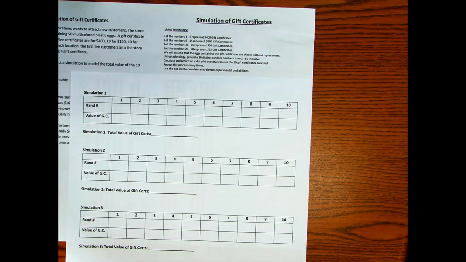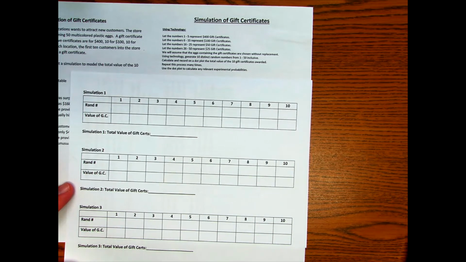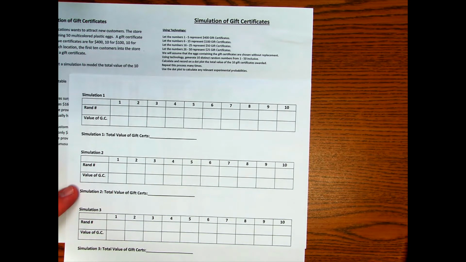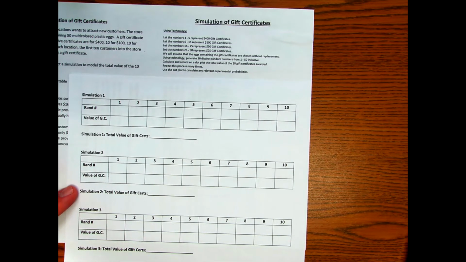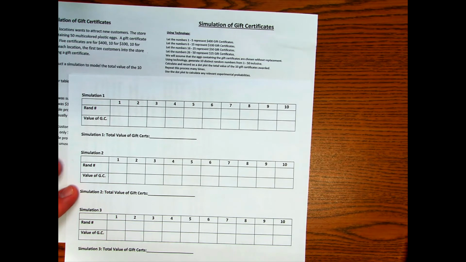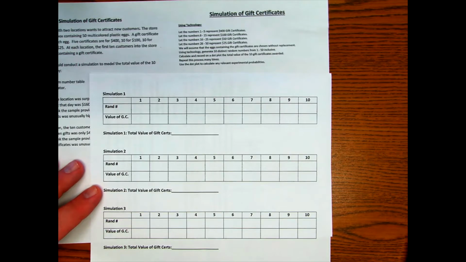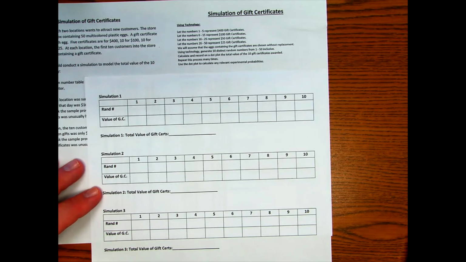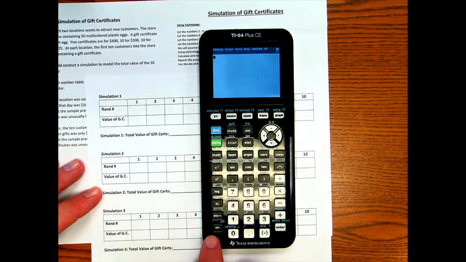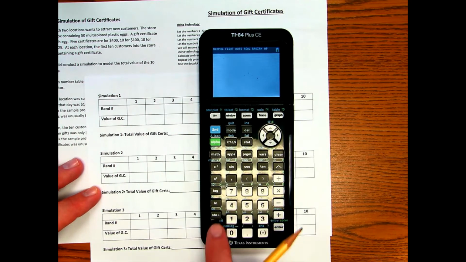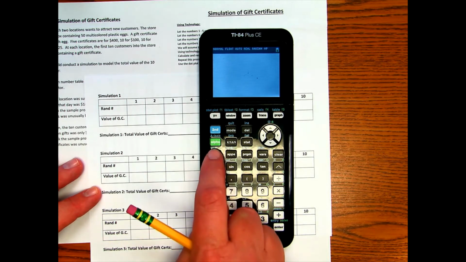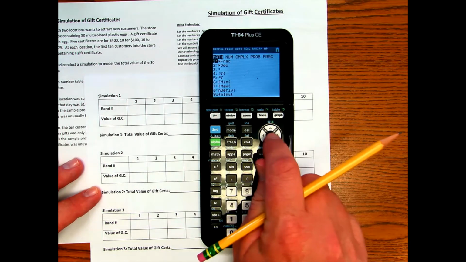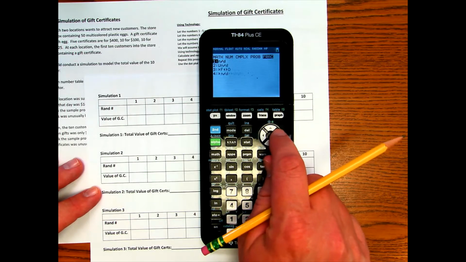Okay, we're back here. What we're going to do is run through the calculator keystrokes in order to accomplish this using technology. We're going to go to Math, and then bump over to the Probability menu.